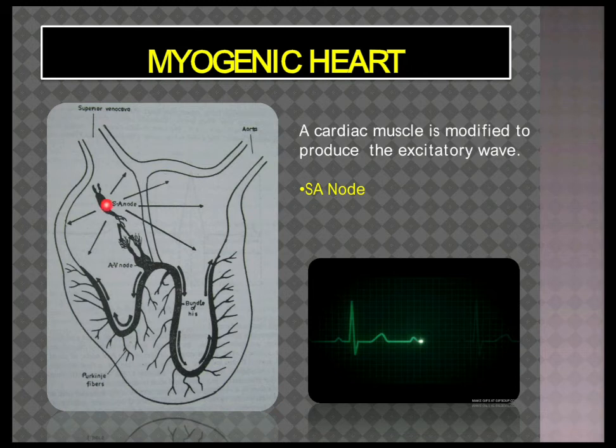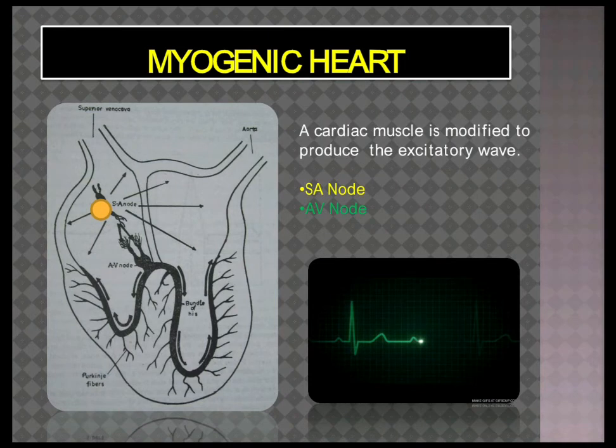So this SA node is making the impulses at the rate of 72 per minute. And those impulses are spread over the heart, especially into the AV node. So this is the AV node, which is the next part of our pacemaking system. Now this yellow spot is showing you the presence of the SA node.